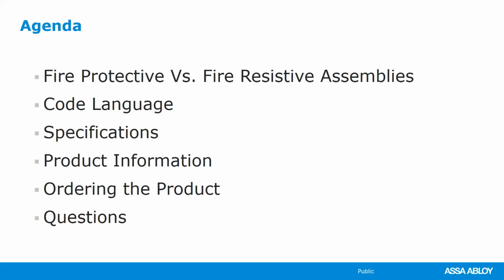We'll touch on specifications, go through a broad overview of product, and also indicate the process for ordering the product. And as mentioned by Tom, we will answer questions at the end of the session.